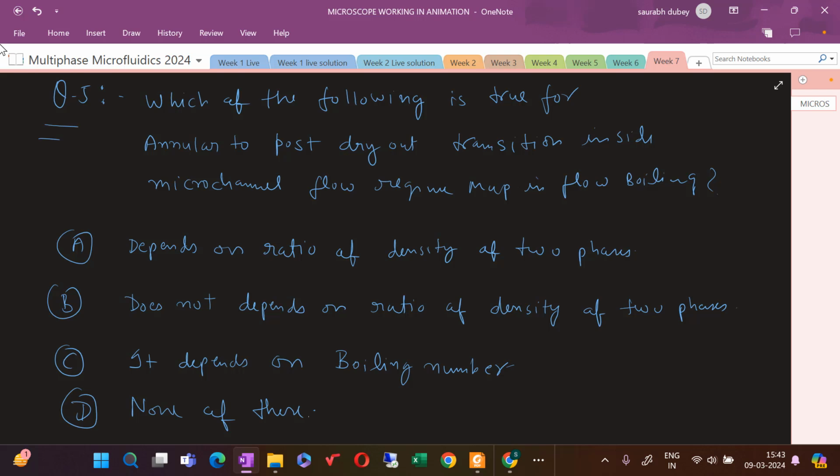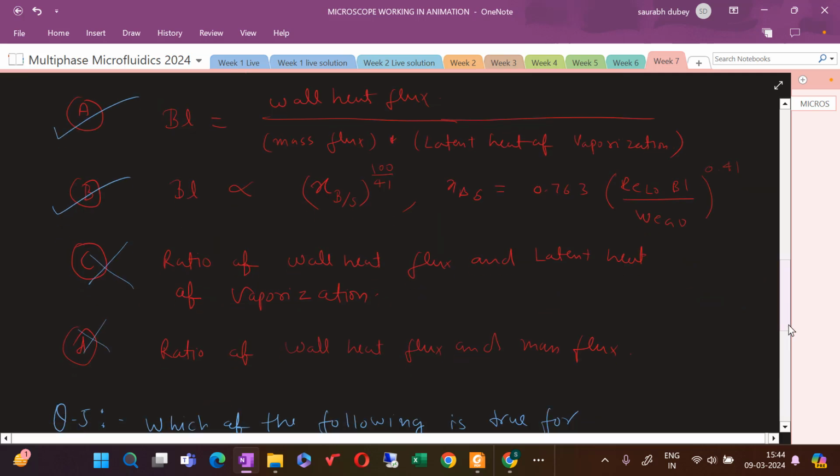And then another one is the ratio of the gas to liquid, so this is rho g by rho l, or it doesn't depend on it. So this is a function of, and not a function of, rho g by rho l or rho l by rho g.